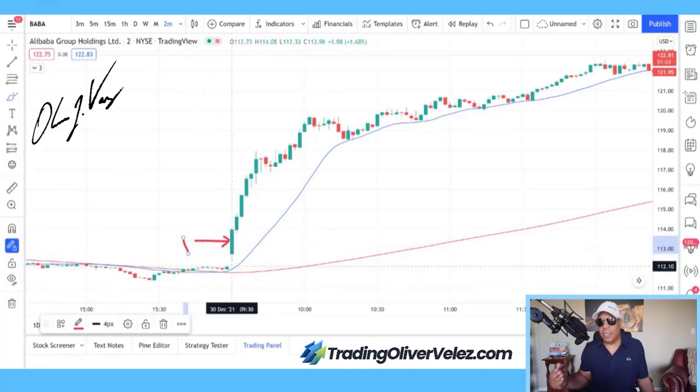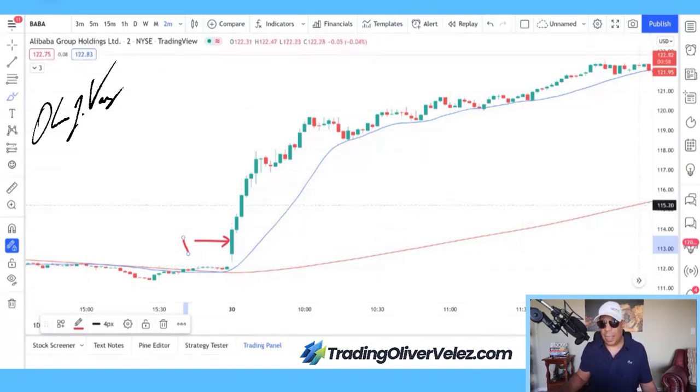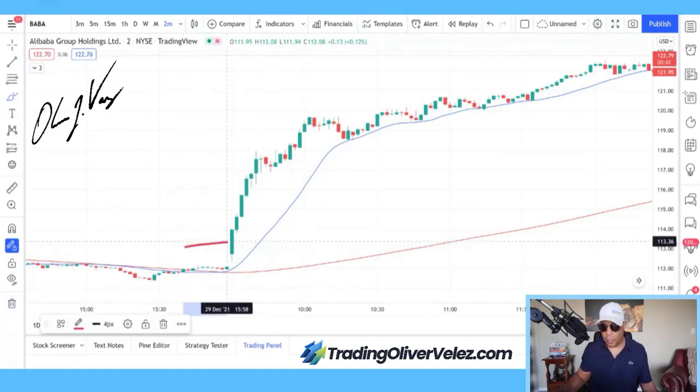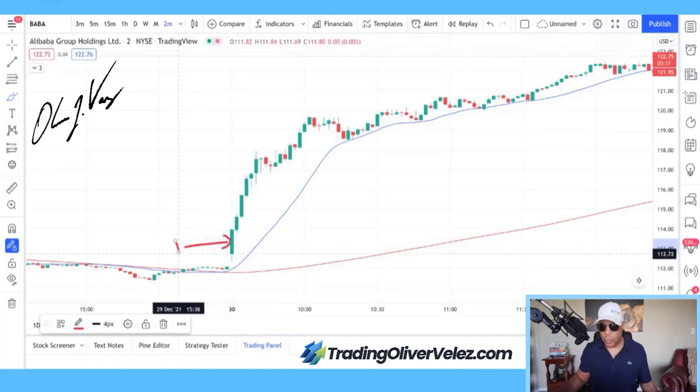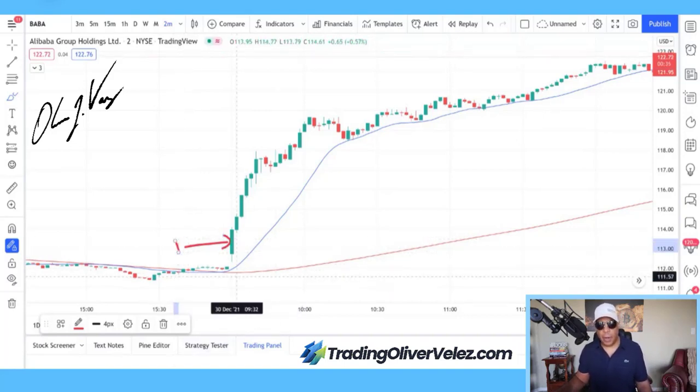If my stop is $100 maximum, with one lot I can go $1 below. With two lots, I'd have to go 50 cents below. So in this case, we're going to use one lot. All right. Get that stop somewhere as low as we possibly can.